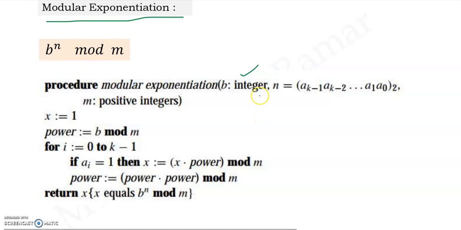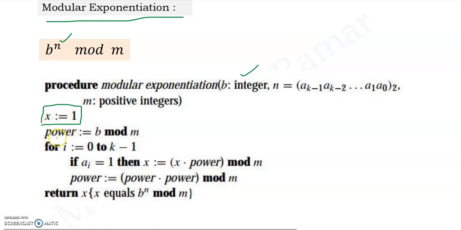Now first we have to convert this n into binary. Then you write n in binary form. After that, to start this algorithm, we have to assume that x is equal to 1.